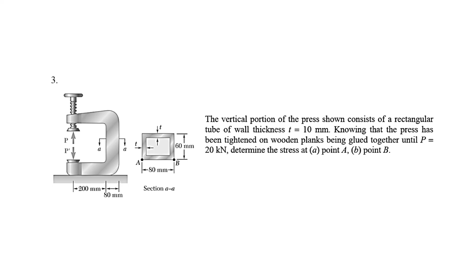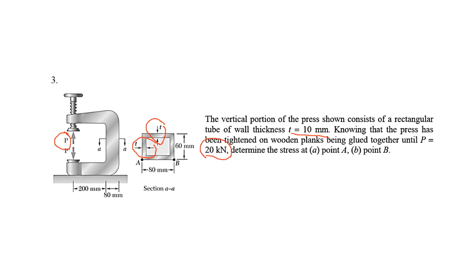The question here: it is known that the wall thickness, or T, is 10 millimeter. T is here and here, and then the press is being glued together until P is equal to 20 kilonewton.